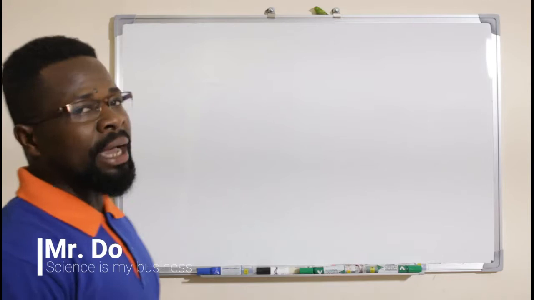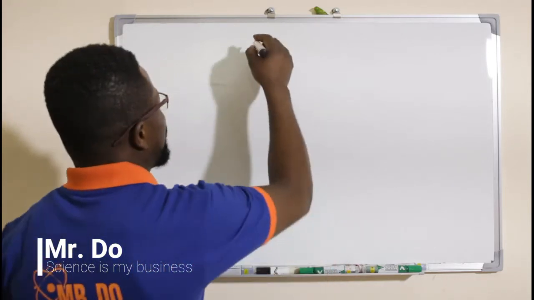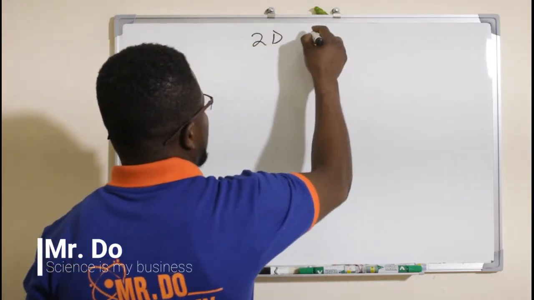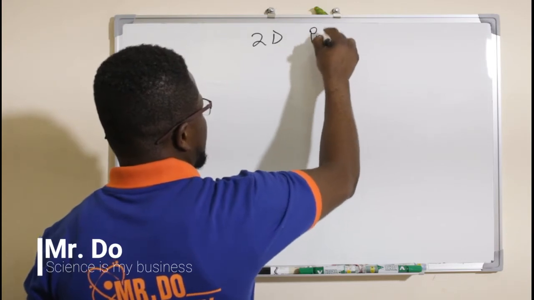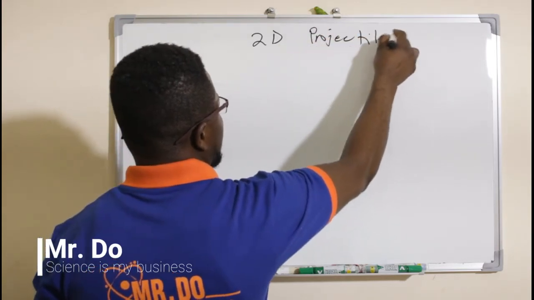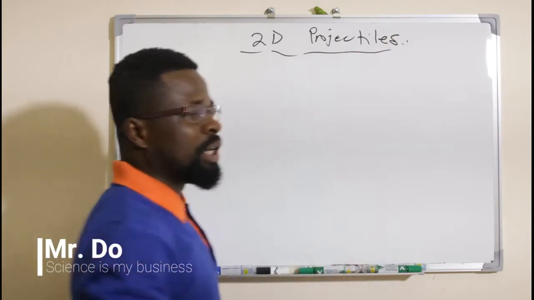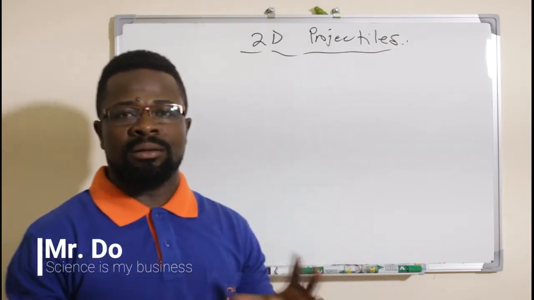I have said to you earlier that if you're dealing with 2D projectiles, there can be three types that we can see.